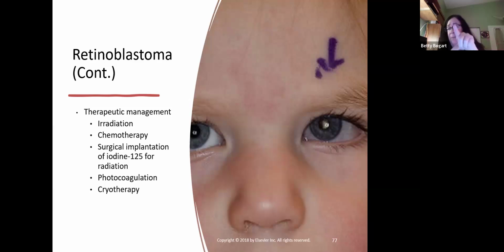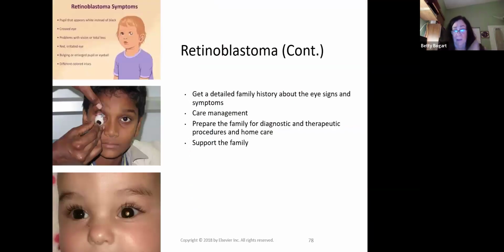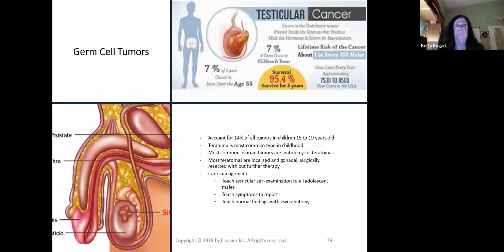They do radiation. They put marks wherever radiation needs to go. Be aware you cannot wash them off, because that's where they're going to put the next dose of radiation. They want to keep it in the same place. So they do radiation, chemo, and surgery, they remove the whole eye, and they can put a prosthesis into the eye.